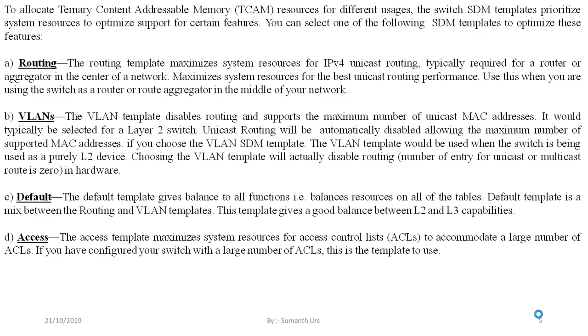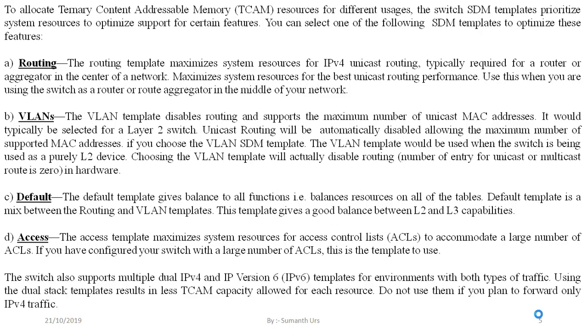If you have configured your switch with a larger number of ACLs, this template can be used. The switch also supports multiple dual IPv4 and IP version 6 templates for environments with both types of traffic. Using the dual stack template results in less TCAM capacity allowed for each resource. Do not use them if you plan to forward only IPv4 traffic.